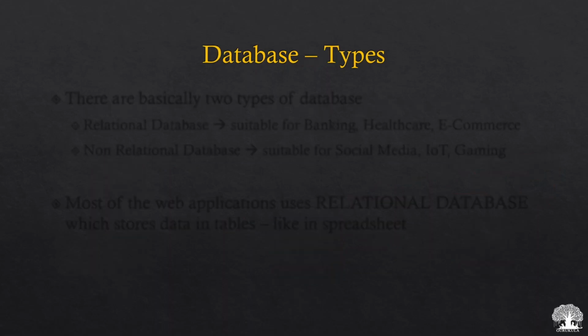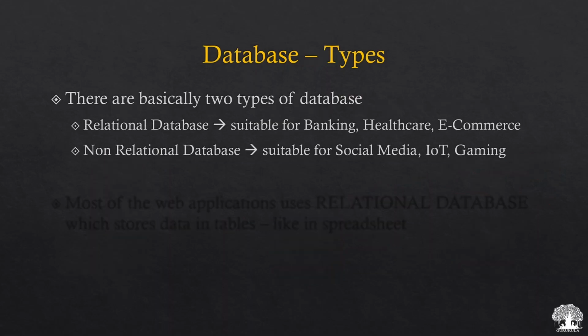When it comes to the types of databases, there are basically two types. The first one is the relational database, and on the other hand we have non-relational databases. Relational databases are suitable for banking, healthcare sectors, e-commerce, etc., because this type of database organizes the data like a table.